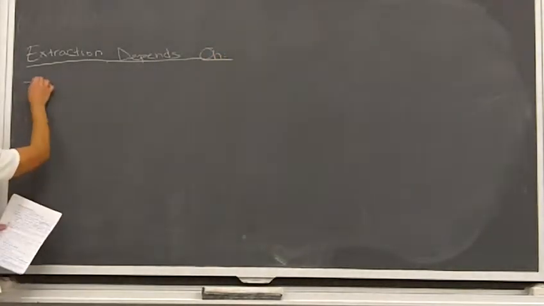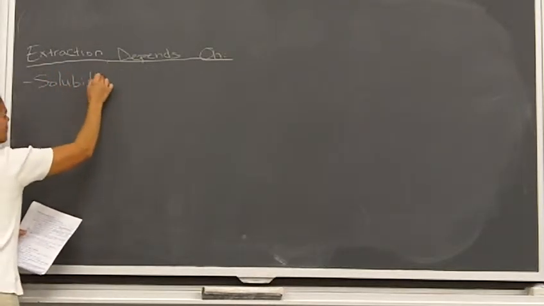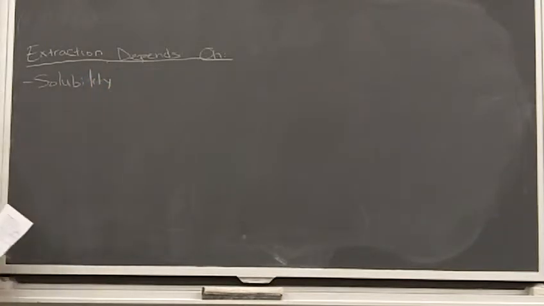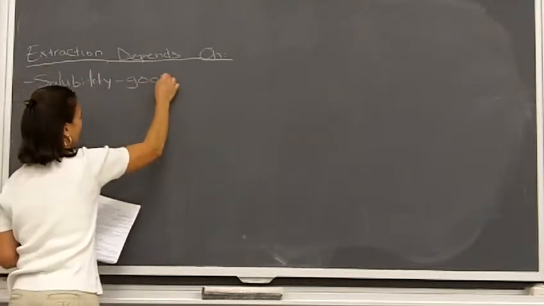First of all, you want really good solubility of what you're trying to extract out. The trimyristin is very soluble in the ether. You want good solubility.